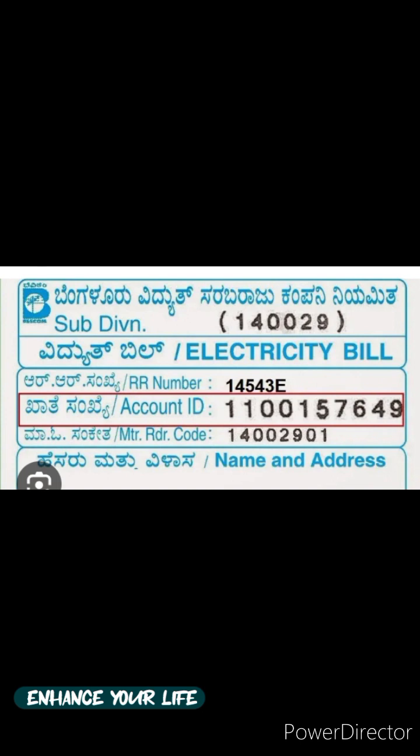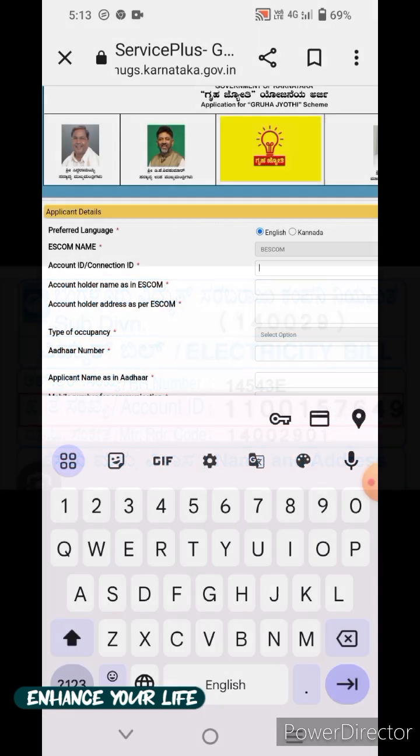And it also mentioned here RR number, account ID. So you have to type the number which is given as account ID. It is clearly marked in this box. So if you want, you can take the reference of this bill while typing the account ID.